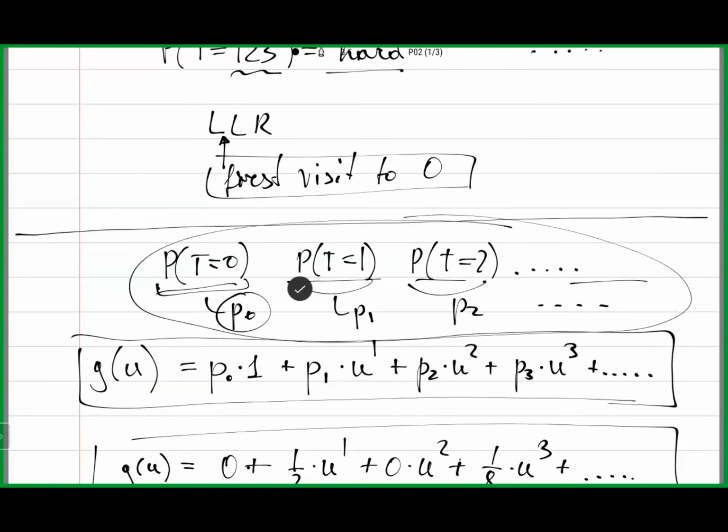We need to calculate P0, P1, P2, P3, and so on. We need to calculate infinitely many probabilities, okay? Let's pack all these probabilities into one mathematical object, into a function. How to pack infinitely many numbers into one function?